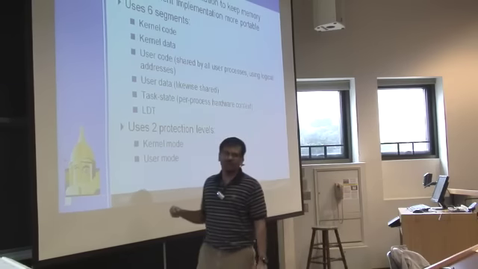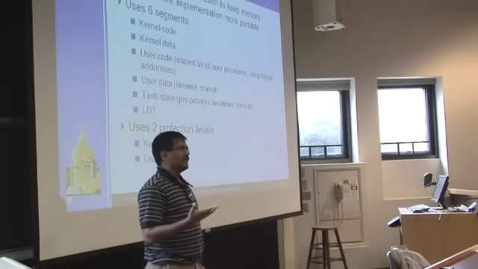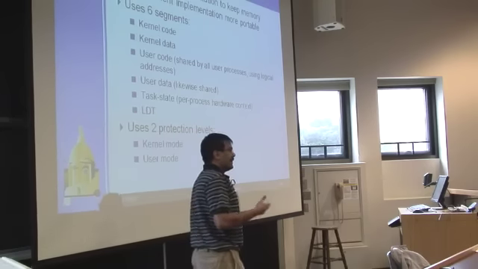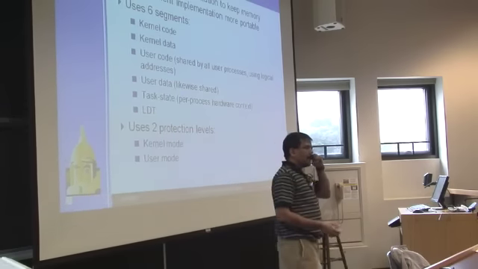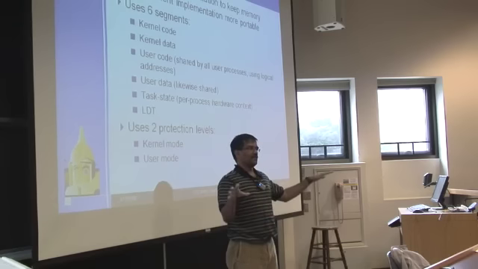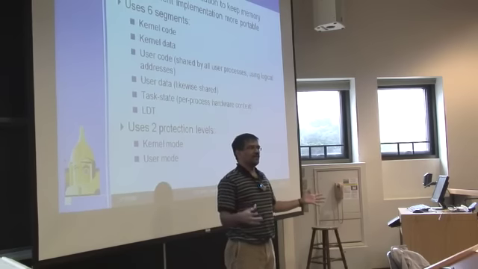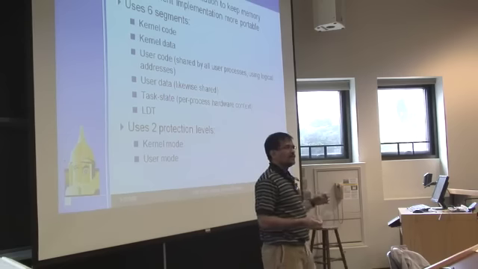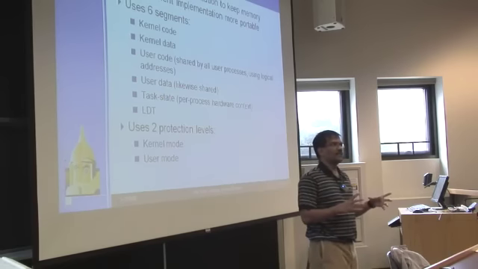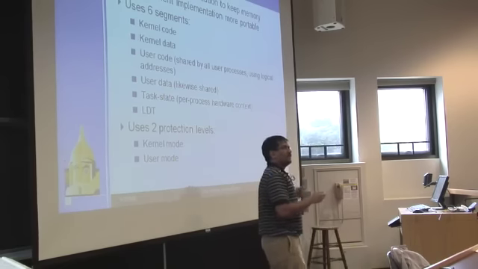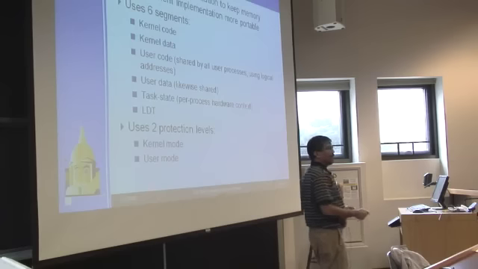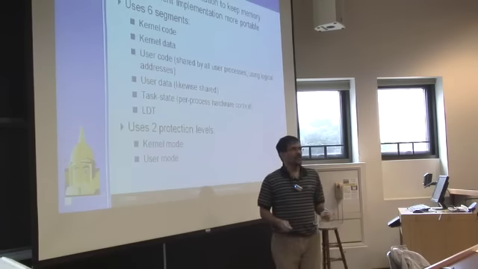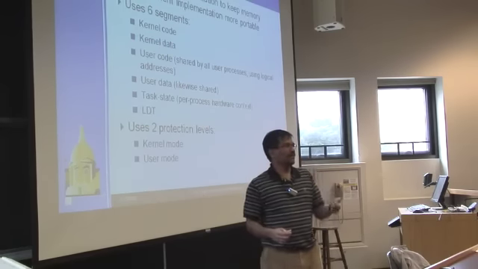So essentially, Linux uses 6 different segments. The reason it uses 6 different segments is that Linux wants to be portable across different hardware. You can't really trust that newer hardware will have a lot more segments, so they try to reduce the number of segments. But if you were to write a system very tuned to a particular hardware architecture, you could think of a different segment for everything you want.